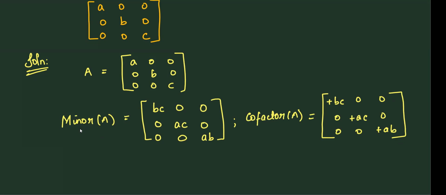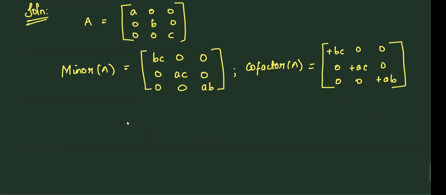All right, this is the cofactor. What is the determinant of A? Elements multiplied by their cofactors: ABC.